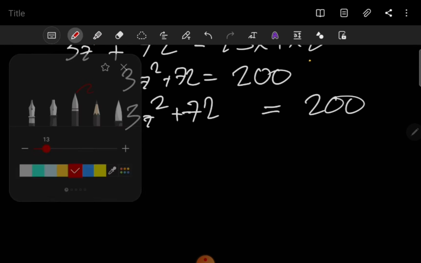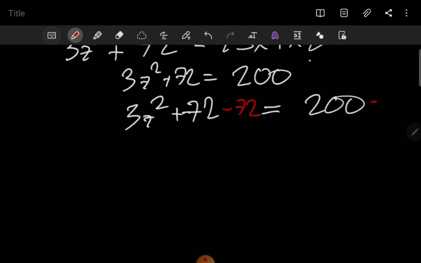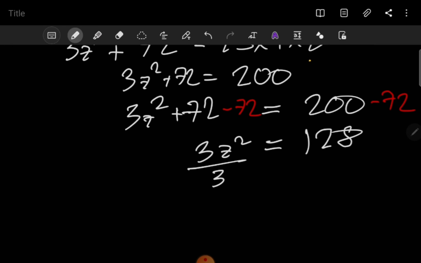Okay, let's use red. 72 minus 72 is equal to 0, so the remaining is 3z squared. 200 minus 72, that is 128. Divide both sides by 3.